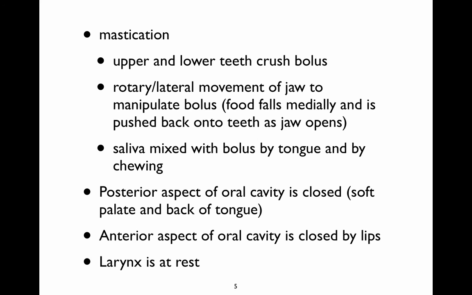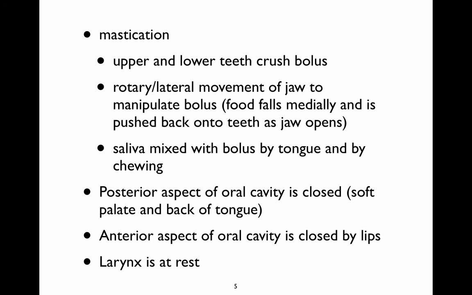Now, during the oral preparatory phase, the posterior aspect of the oral cavity is closed. This is to keep the bolus inside the oral cavity until it's ready to be swallowed. The gate, as it were, in the posterior aspect of the oral cavity is the soft palate and the back of the tongue, and they have made contact essentially to form a barrier for the bolus.